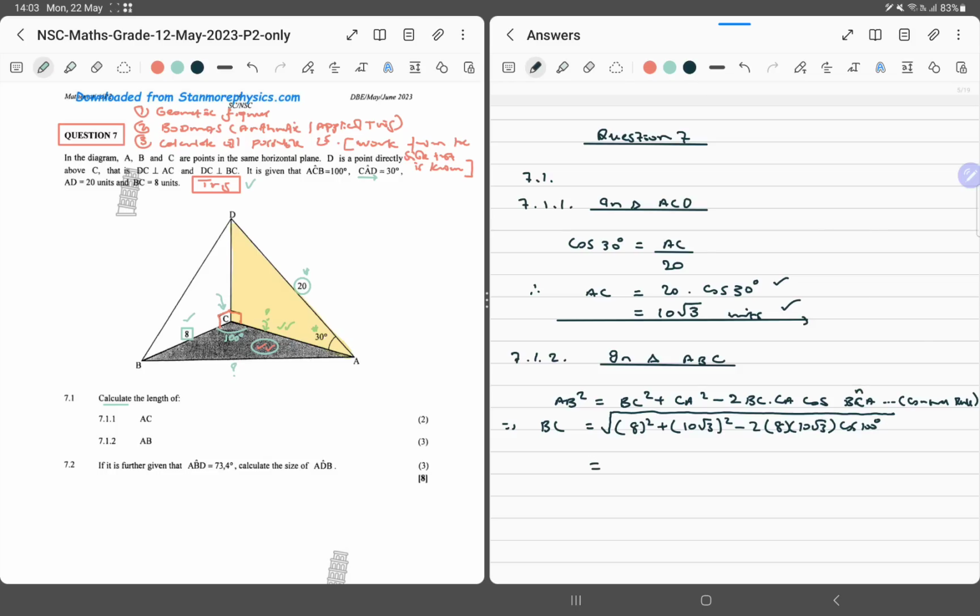Right, so this is easy, just put it in the calculator and you're smart. So we've got 8 squared plus 10 root 3 squared minus 2 into 10 root 3 into 8, okay, into cos of 100.